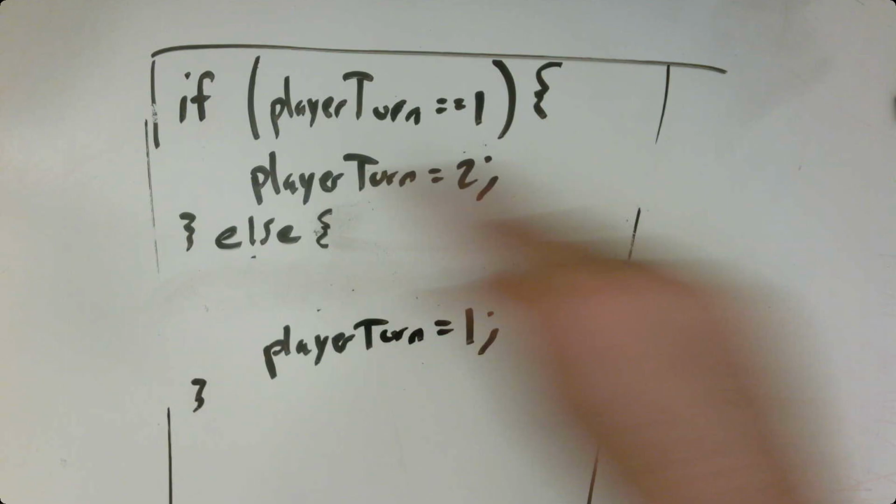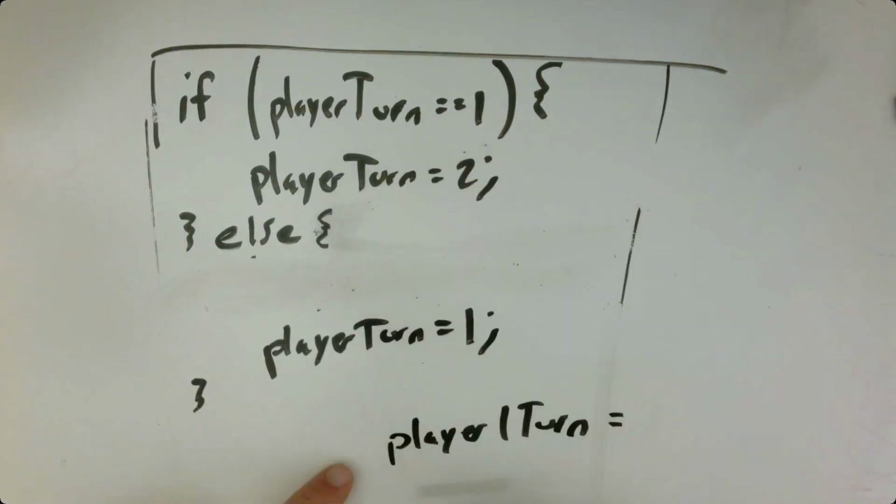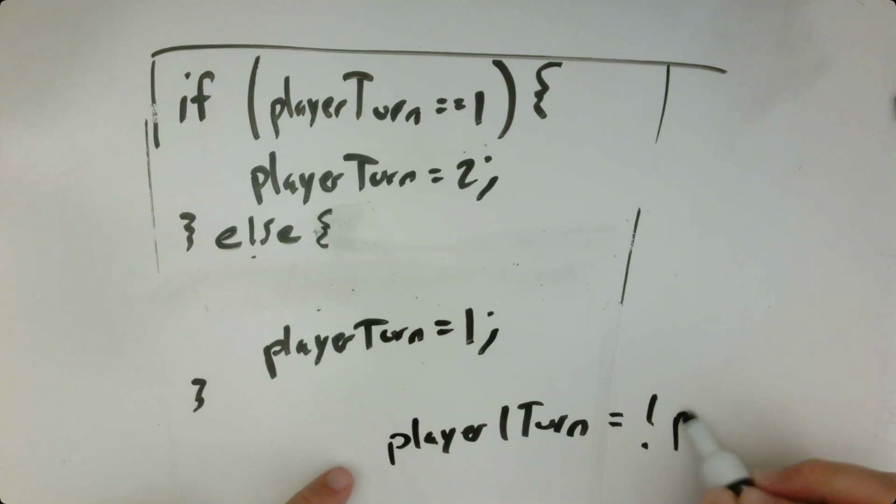Okay, I hope that was helpful. Oh, let me say at the end, if your goal is just to do this in an extremely short way, there's an even shorter thing that you could do. If you were going to make this a Boolean variable called player 1 turn, and that's true whenever it's player 1's turn, you could just say player 1 turn equals not player 1 turn, like this.